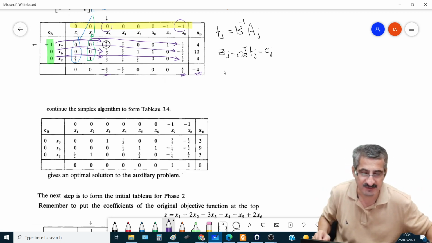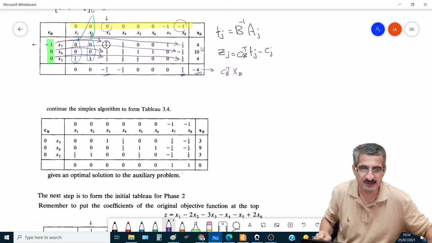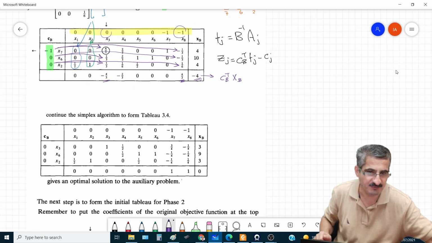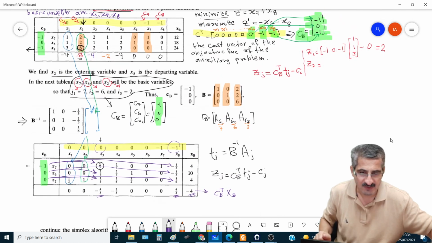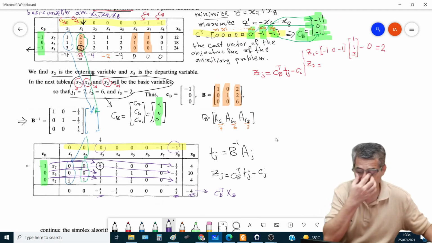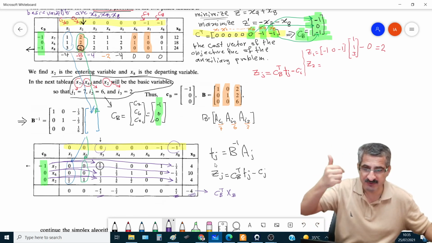Which means, how do I get this negative 4? It was CB transpose times XB, right? Okay, how do I get XB here from the above one? We did not mention it. How do I obtain 4, 10, 4 out of the previous table?